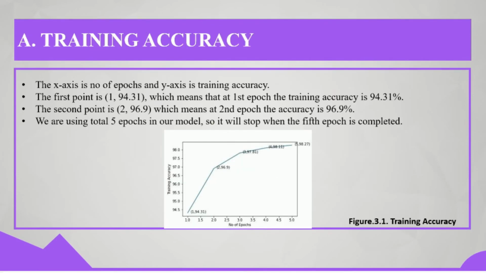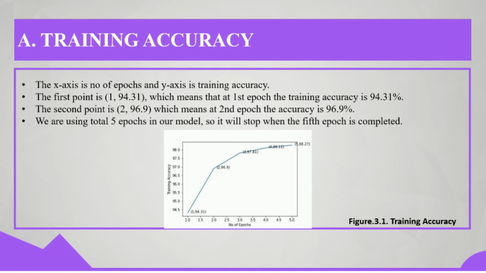Okay, below are the graphs we have provided, which show the variation in the accuracy and loss for both training and validation. Moving on, the first one is training accuracy. One thing to remember is that we have taken the x-axis as the number of epochs in each graph.